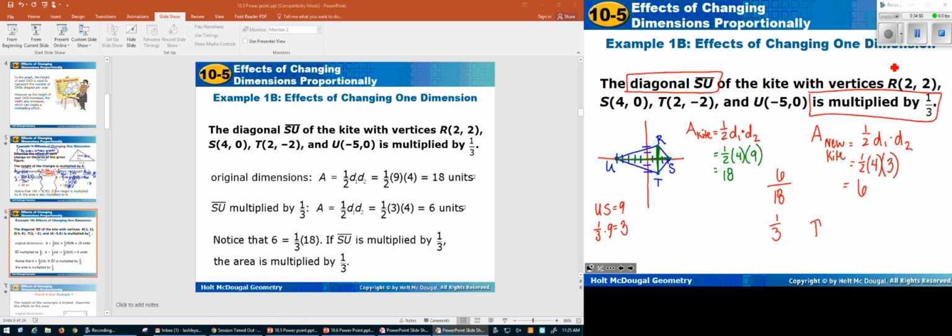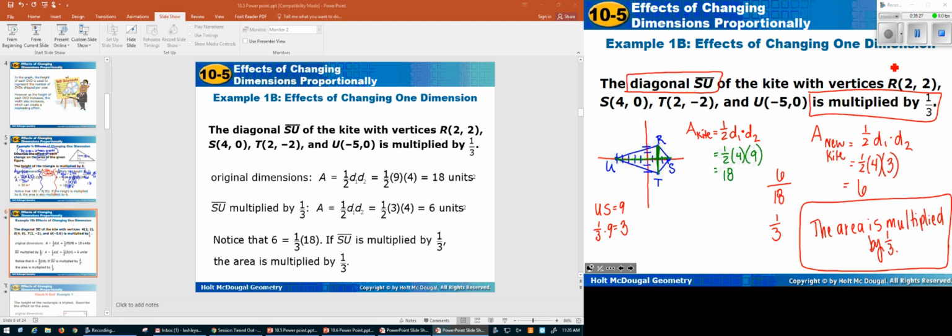So we would say the area is multiplied by 1/3 because it was 1/3 of the original. It is 1/3 of the original size, so yes, it is 3 times smaller. Yes, you could say that.